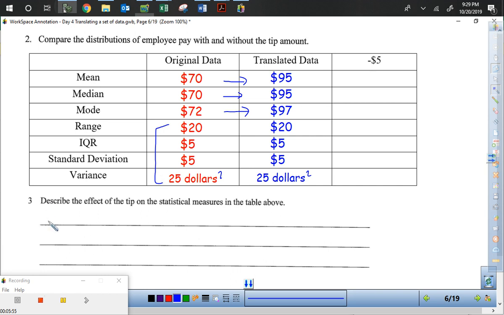So our measures of center all increased by that $25.